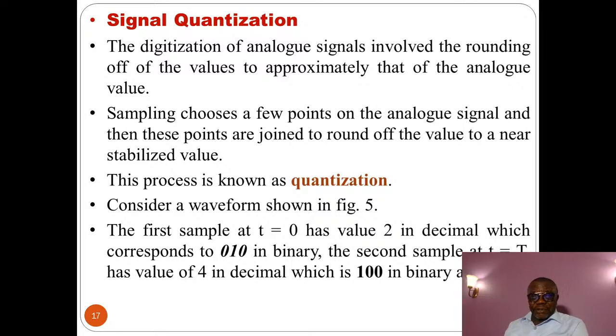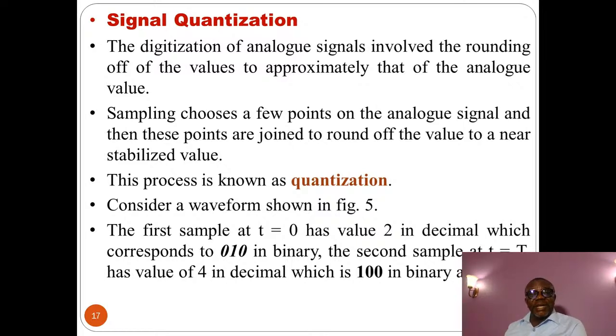We will see that shortly in a drawing, so you understand it better. Sampling chooses a few points on the analog signal, and then these points are rounded off to a near stabilized value. This process is known as quantization.